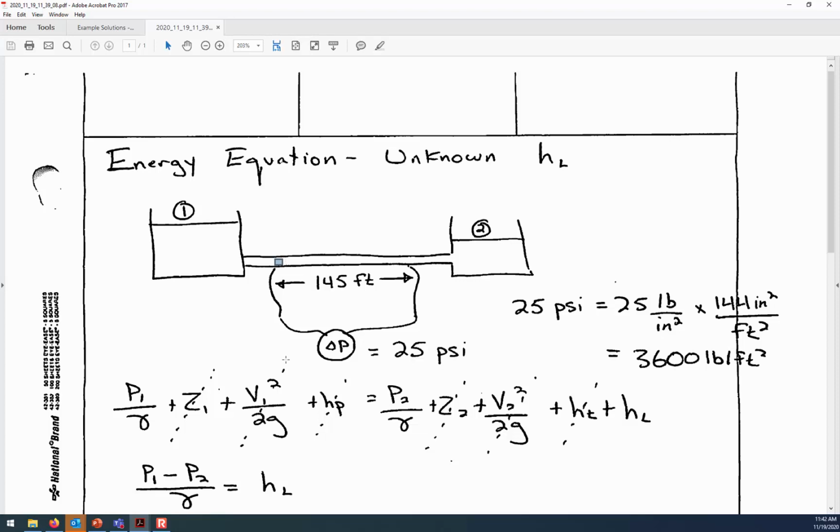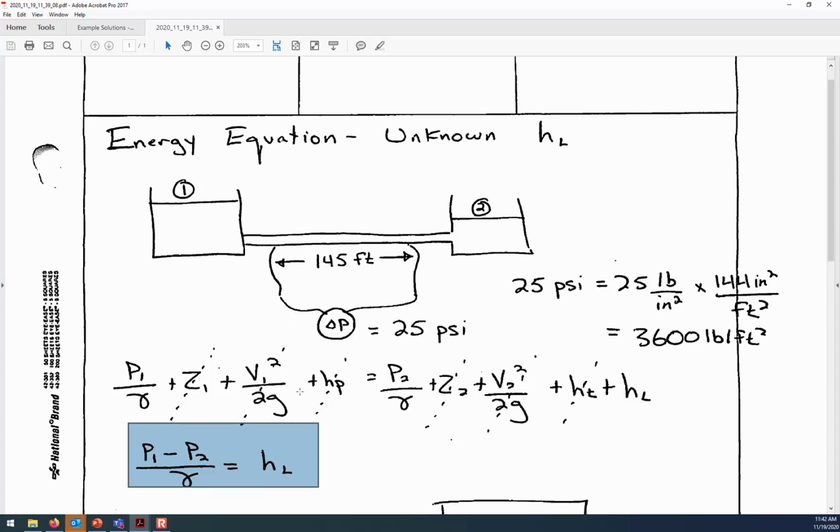And that's what we do. You can see in the line below, once everything else has been canceled out, we're canceling out the velocity terms because V1 equals V2. There's no pump, there's no turbine, so the head loss is essentially the change in pressure divided by gamma.